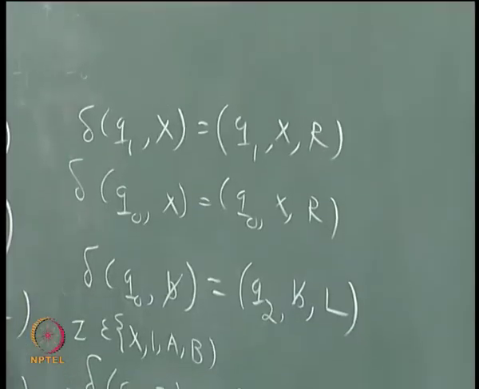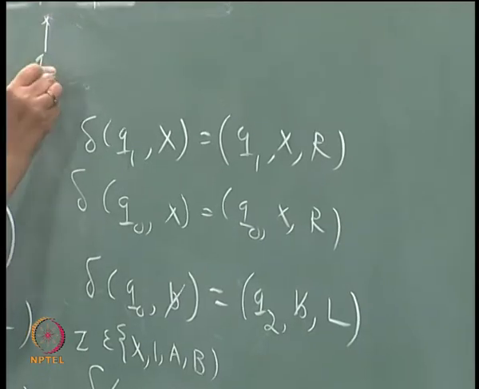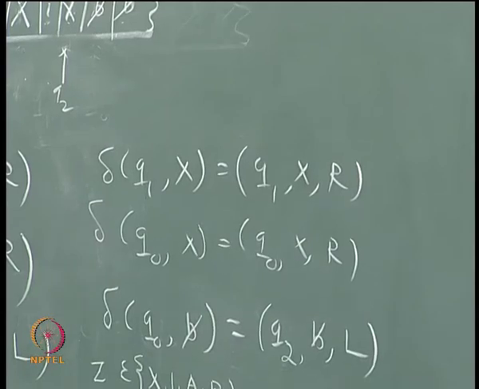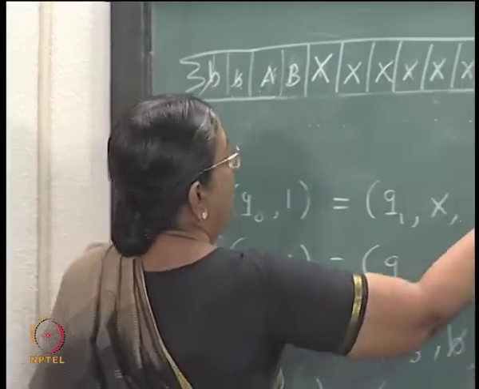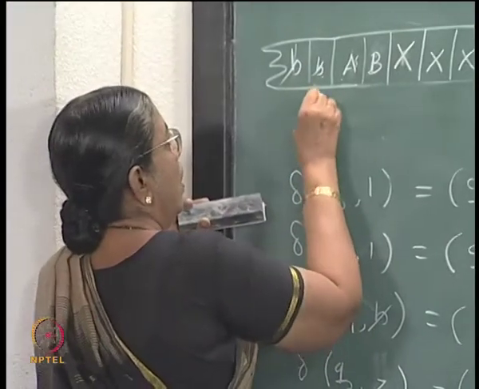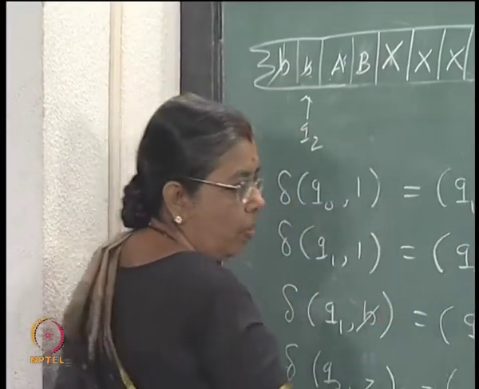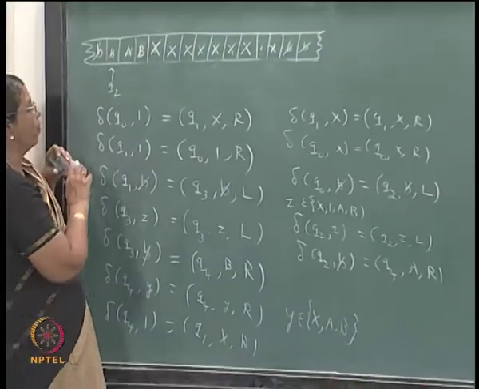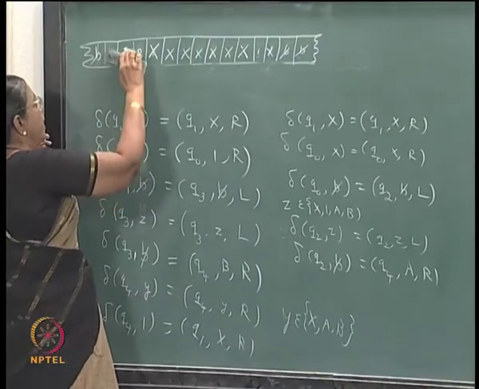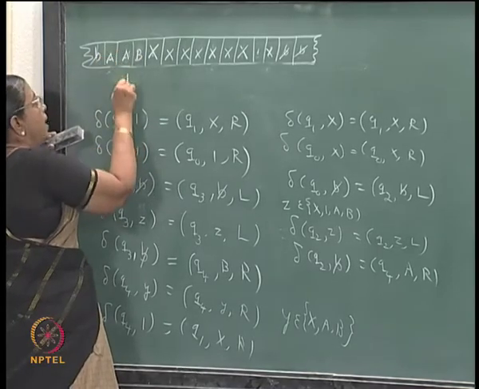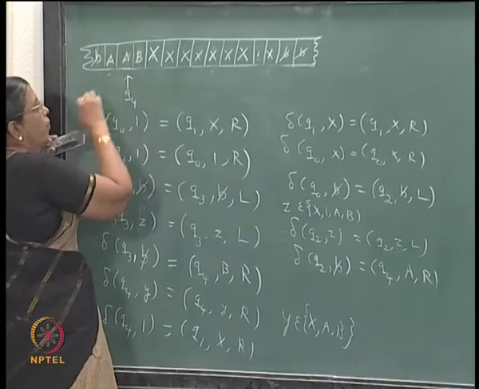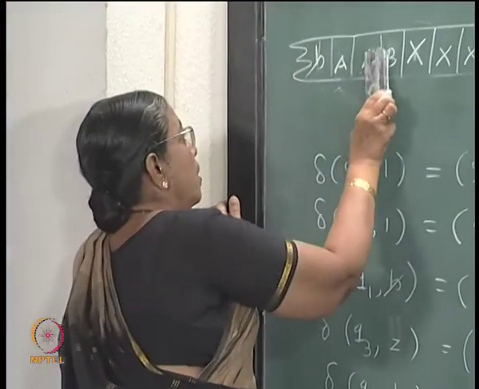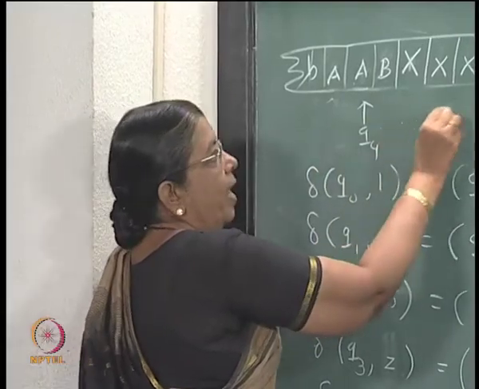So, you start moving left in Q2. You move left until this blank. And in Q2 blank you have to print a A and move right. So, print A here and start moving right in Q4. In Q4 you start moving right until you see a 1.